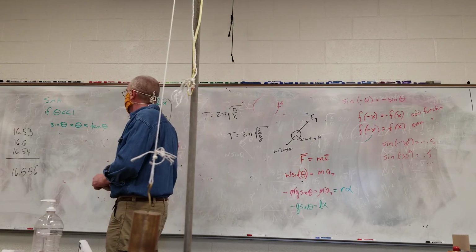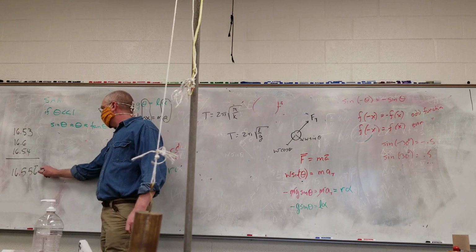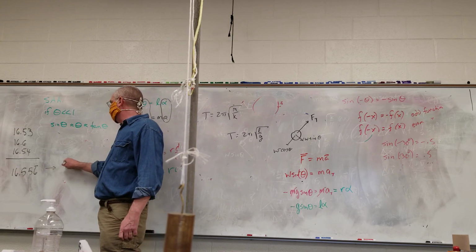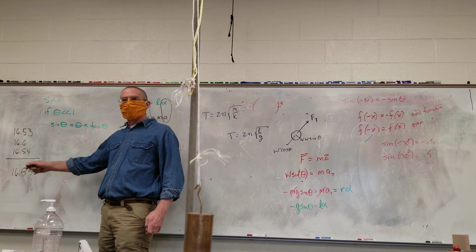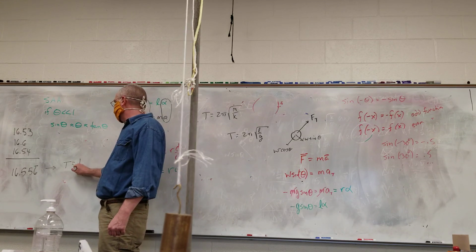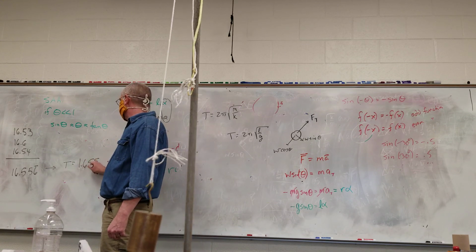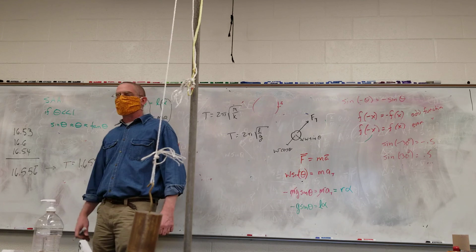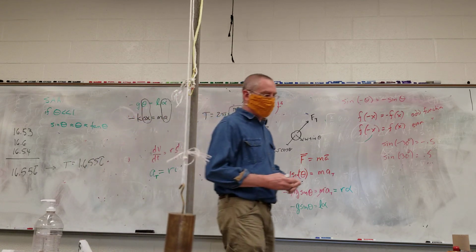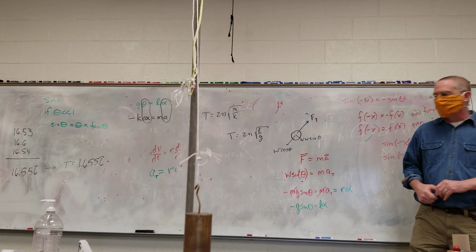All right. So therefore the experimental period, that was 10 oscillations, so the period is just 1, so I divide by 10, so 1.6556 repeating. I take it out that many decimal places, like we're going to match that close, but let's pretend that we are.